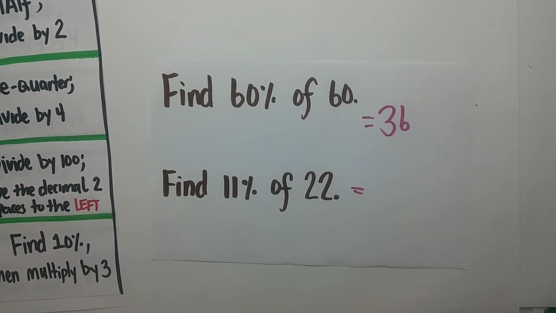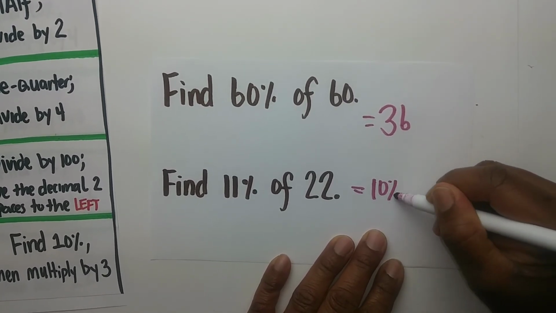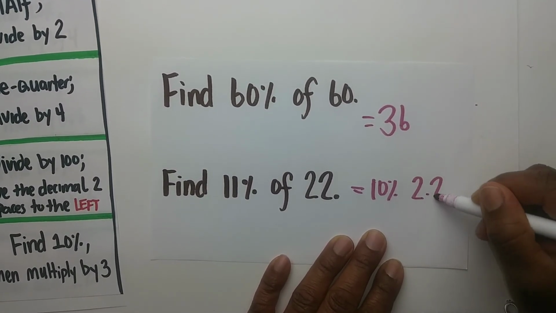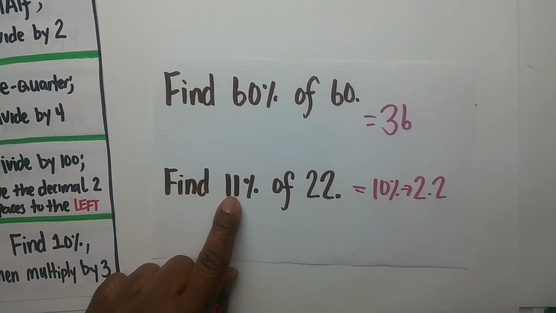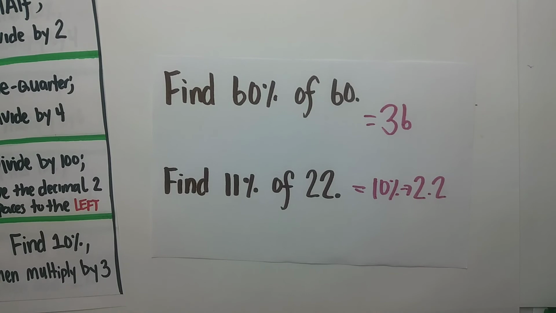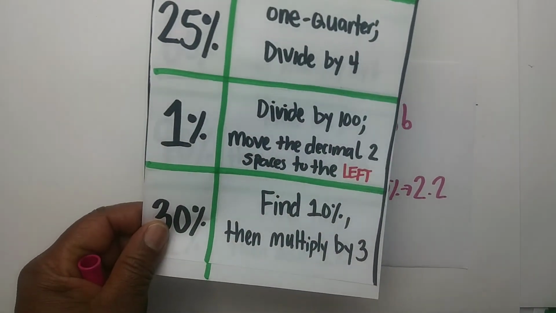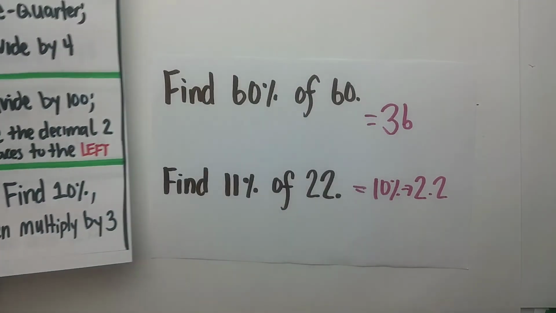So 22. 10% is what? 2 2/10. Now, to get to 1%, how many times do I move the decimal place? I move it how many spaces to the left? 1% is going to be 2 decimal places.